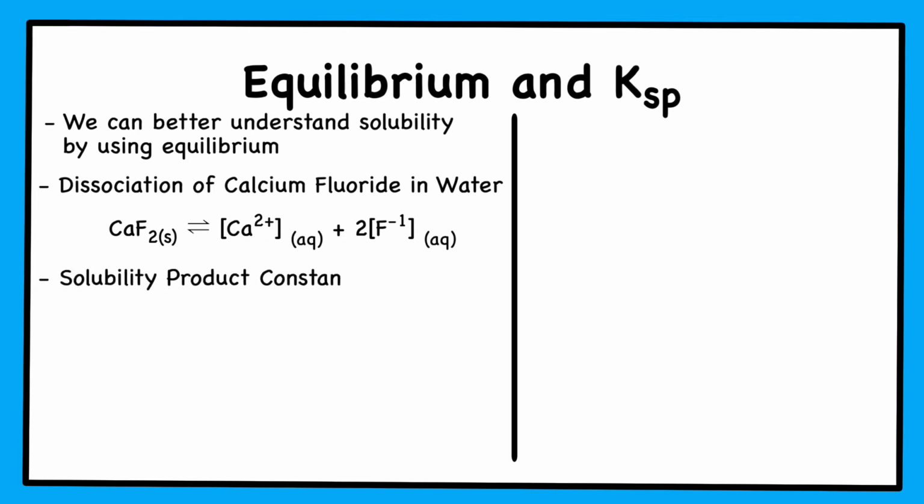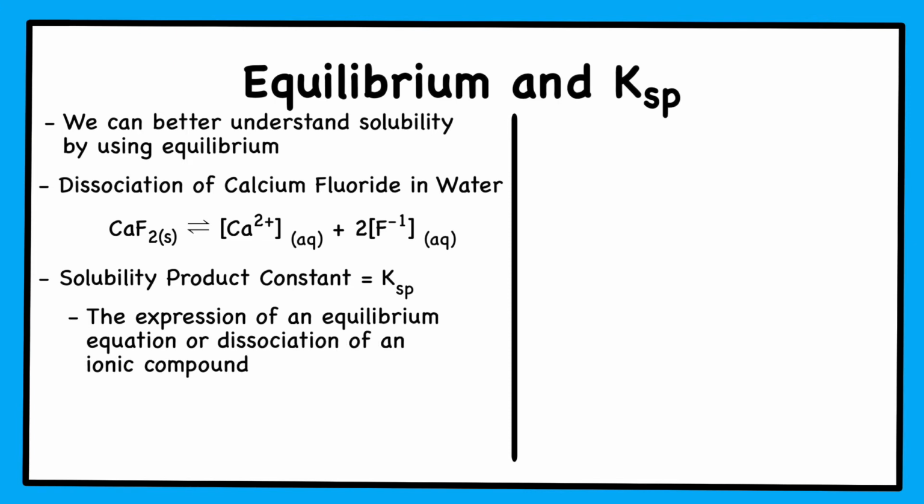The solubility product constant, or Ksp, is the equilibrium expression of a chemical equation for dissociation of ionic compounds. So, using our equilibrium formula from earlier, we can say Ksp equals the concentration of the calcium 2 plus cations times the concentration of my fluorine anions squared.